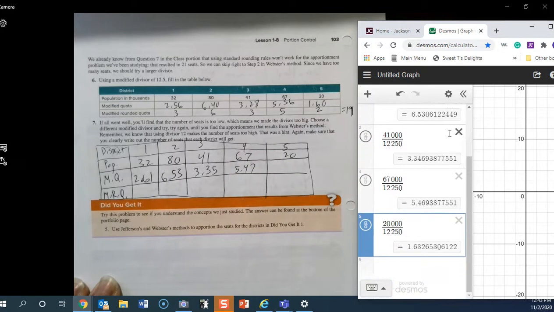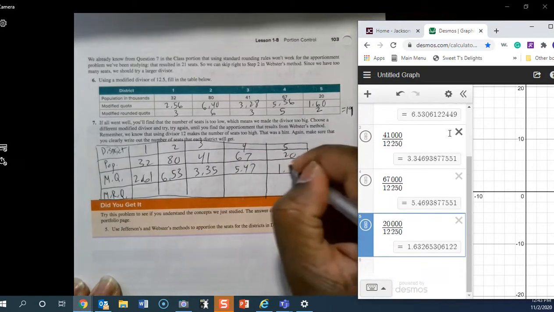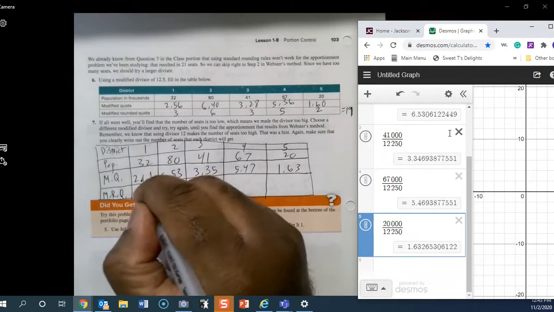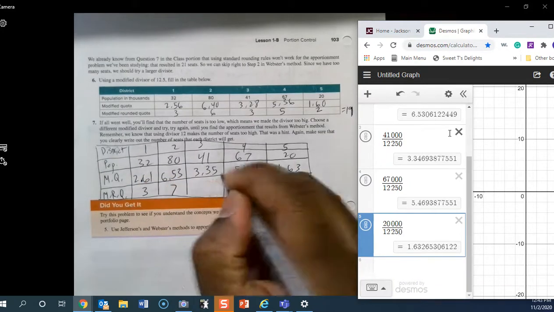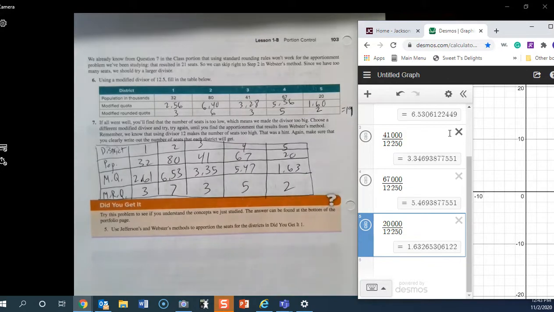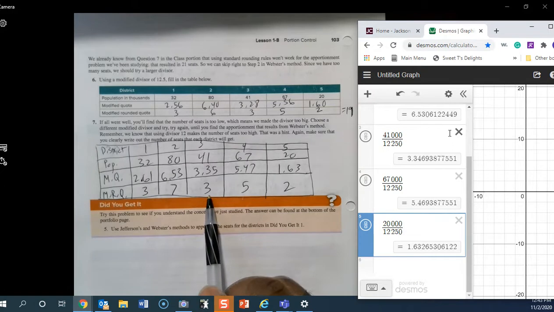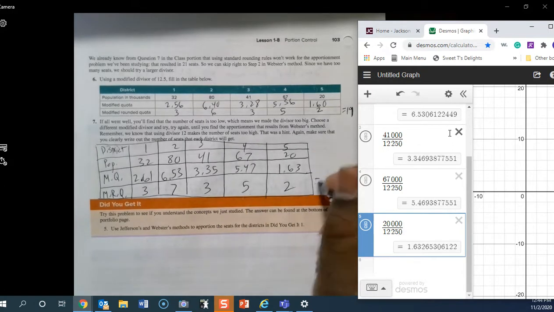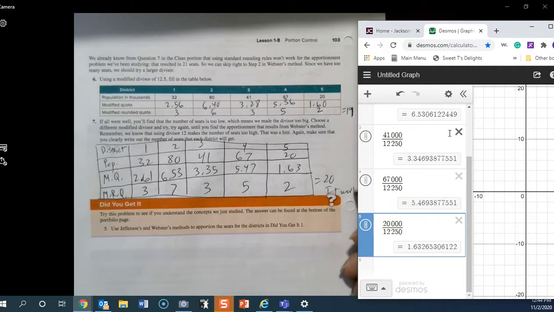Then finally, District 5 will be 1.63. Now we do regular rounding. This would be 3, 7, 3, 5, and 2. So 3 plus 7 is 10, plus 3 is 13, plus 5 is 18, plus 2 is 20. So this works.